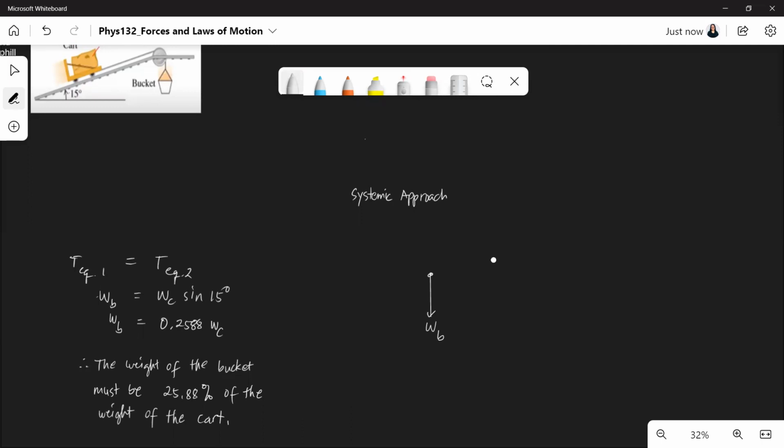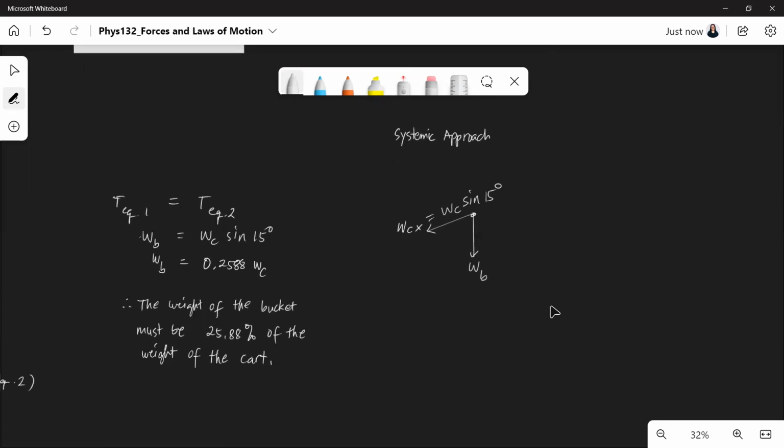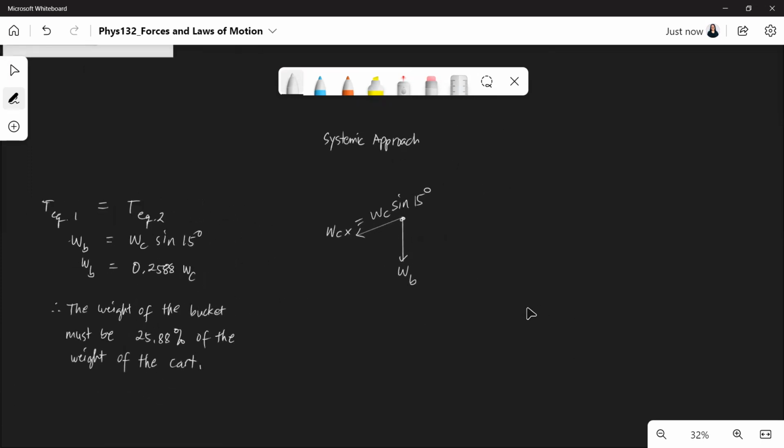And that component is along the third quadrant. So we are combining the two free body diagrams actually. Let this be the weight of the cart x component, or the W sub c sine of 15 degrees. So these are the forces.